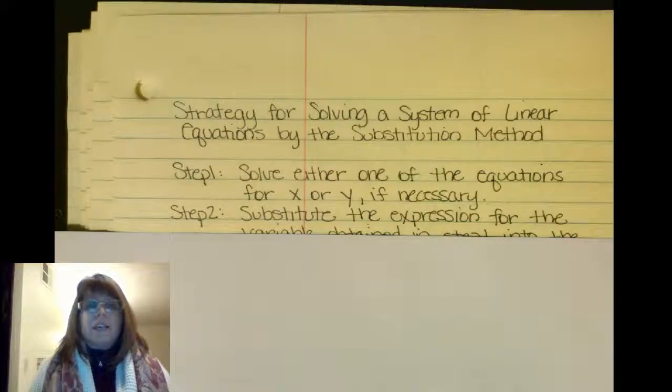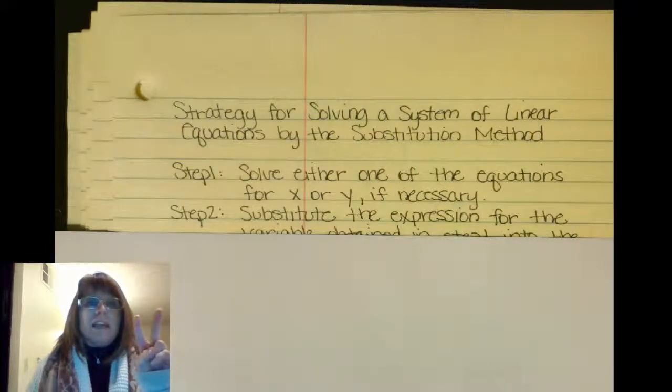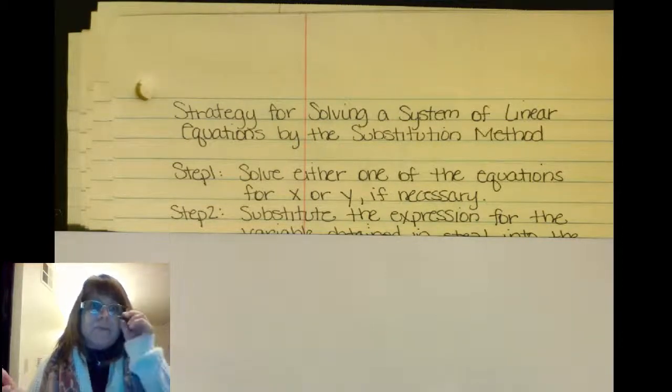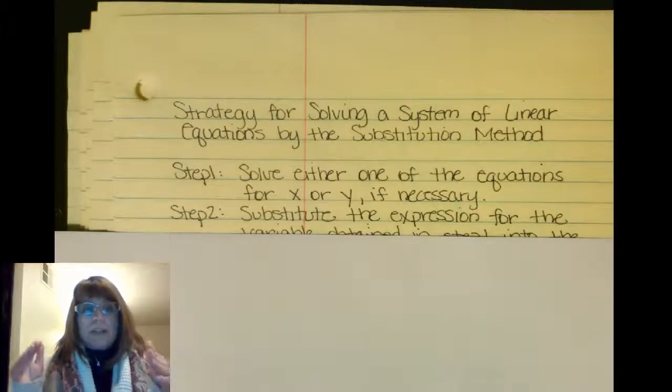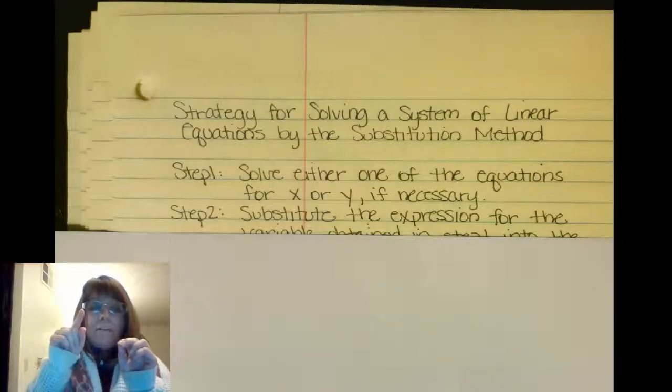Now if you forget, let's say you have two equations, one labeled number 1 and the other labeled 2. If you solve the second one for the variable and you plug it back into the second one, you're just going to get 0. 0 across the board because it's going to equal itself. So you do want to make sure that if you solve for the second equation, then you plug that back into 1.